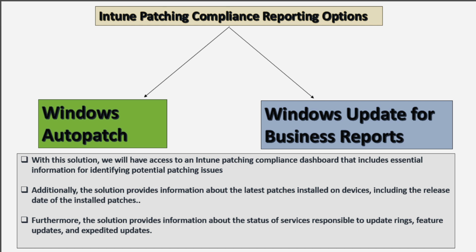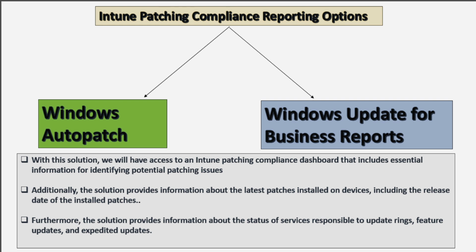For detailed information on each device and patch compliance, the Windows Update for Business reporting solution or Windows Autopatch must be implemented. If you are interested in learning how to implement these solutions, please refer to my previous videos where I provided a step-by-step guide, and I also provide the link in the description section.